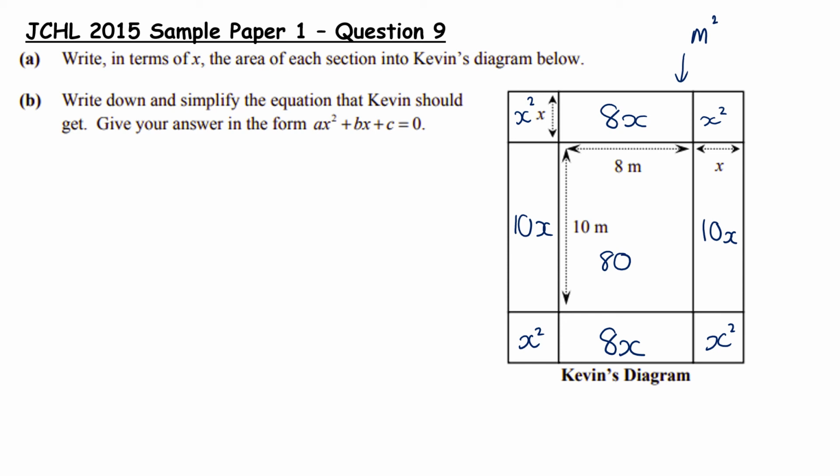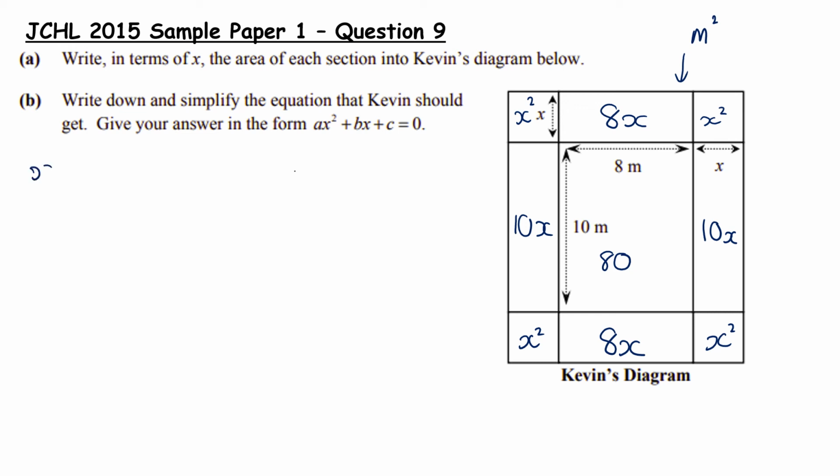Part B then says write down and simplify the equation that Kevin should get. Give your answer in the form ax squared plus bx plus c equals 0. So we're going to end up with a quadratic equation.